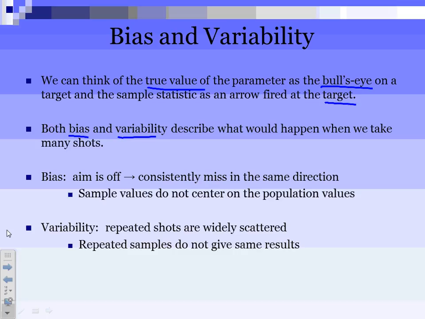If the aim is off, meaning that it's not centrally located around the center of the bullseye, then that means that there is some kind of bias within the sampling distribution. If the shots are widely scattered, then that means that there is high variability within that sampling distribution.